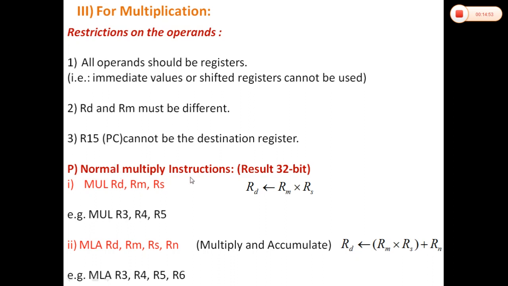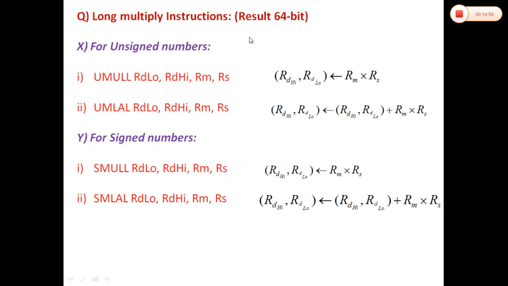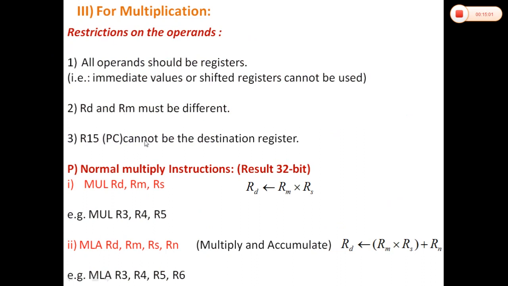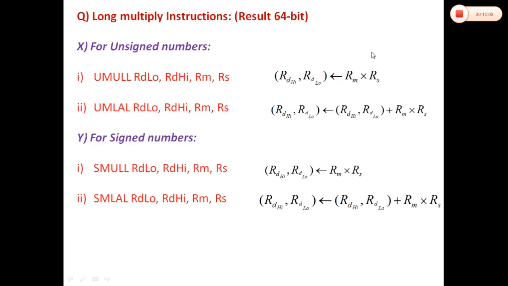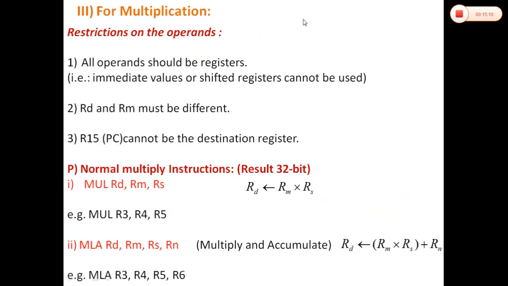Okay, now there are two types of multiply instructions. One is called normal multiply instructions and the other is long multiply instructions. In the normal multiply instructions, the result is limited to 32 bits, and in long multiply instructions, the result can be 64 bits. So let us discuss the normal multiply instructions.